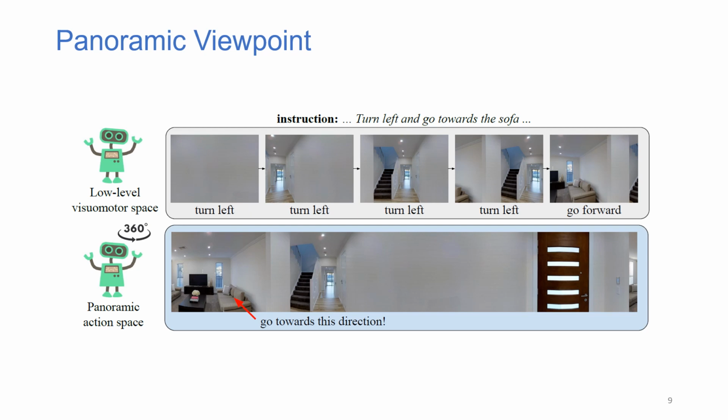As you can see, the agent is at the same point, but it needs to turn 4 times to find the sofa, which is said in the instruction. But in this work, they stitched several images together into a panoramic viewpoint, which makes it easier for the agent to find the sofa, and based on that it can turn and take a decision in a single go.